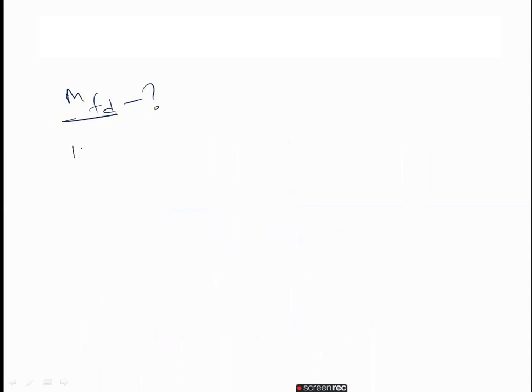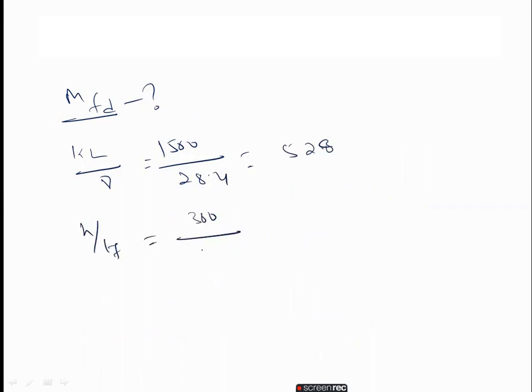For this purpose, first we solve KL by r. L is 1500, the total span, and r is 28.4. I will get 52.8. And also h by tf: h is the overall depth, 300, and the thickness of the flange is 12.4. You will get 24.19. Now by using these, you have to calculate the Mfd.